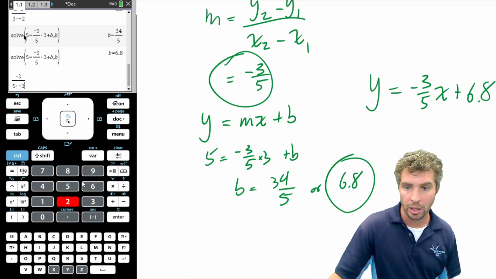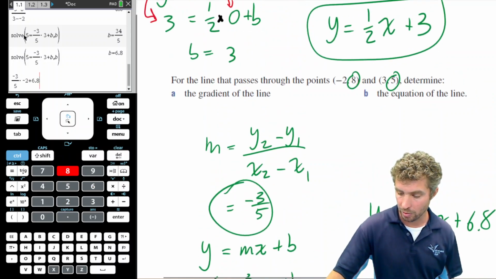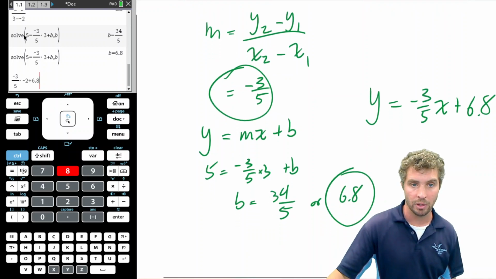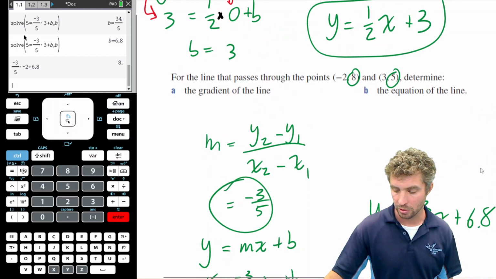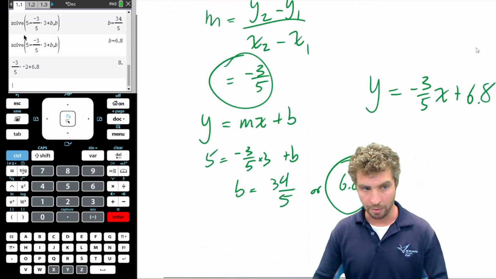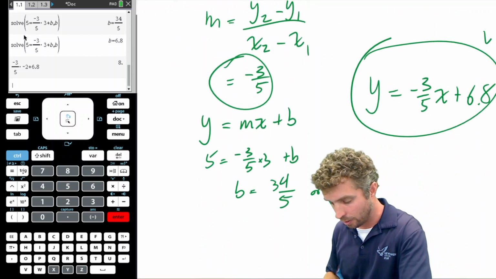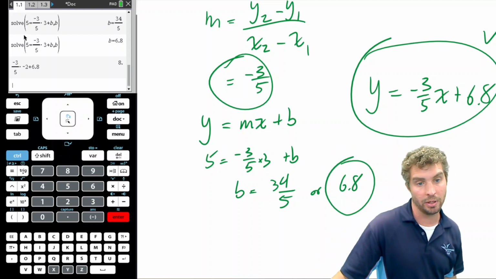Oops, hold on, that's gone to the bottom of my fraction, so I need to get out of the fraction and do times negative 2, and then add my 6.8. I should be getting whatever the y coordinate is up here of 8. And we do, we get 8. So that confirms the work that I've done.